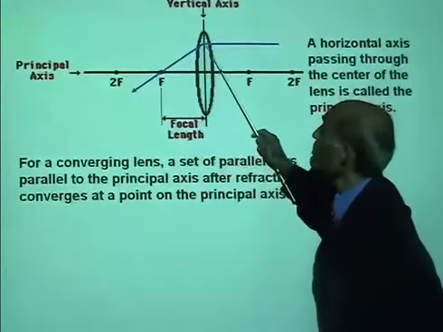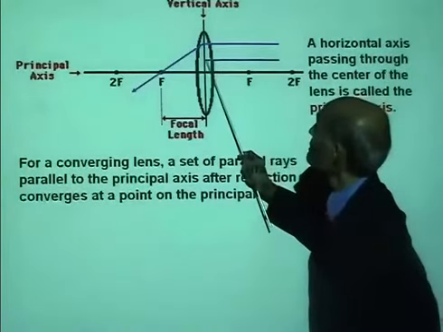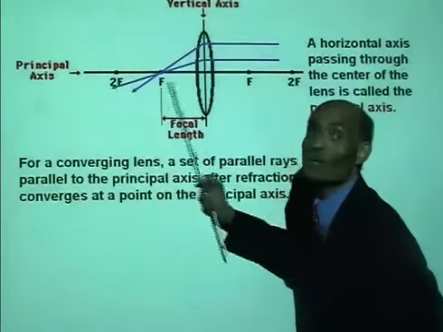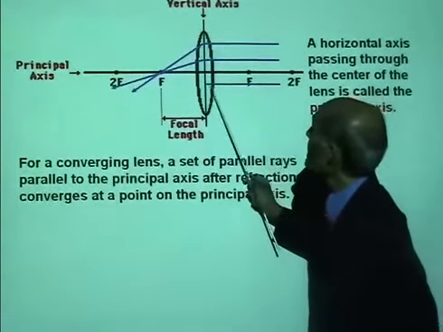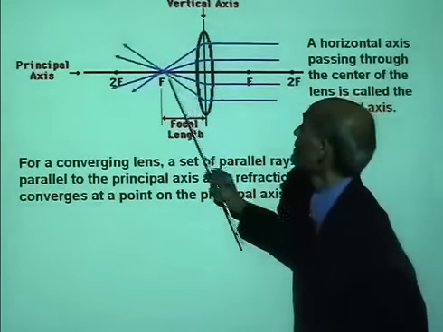It is going to be converging to one point. Now, another ray entering the lens, look at the way it's going to go. A third ray entering, it's going to go that way. A fourth ray, it's going to go that way.